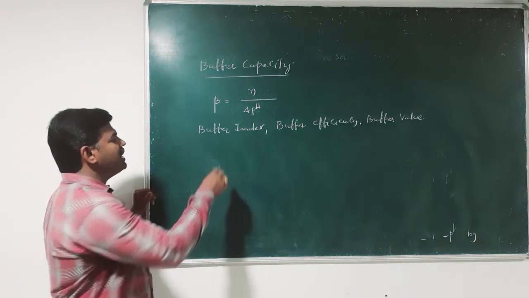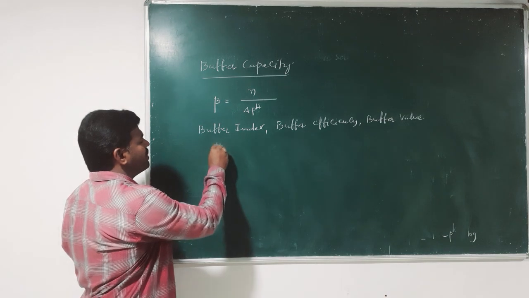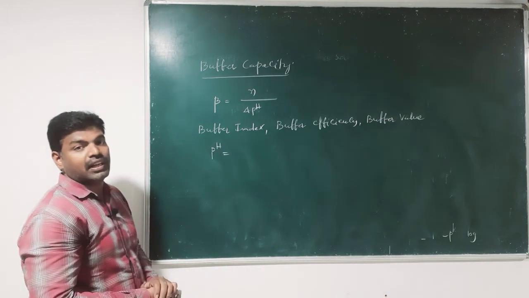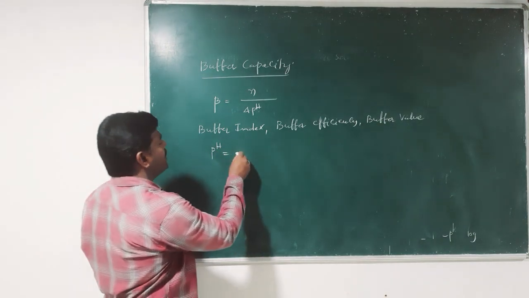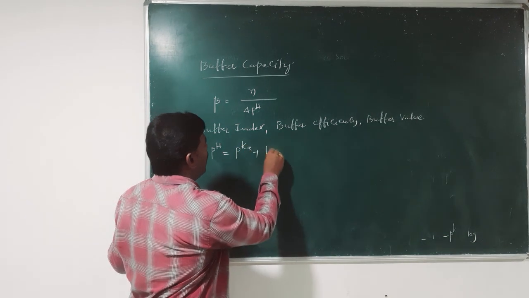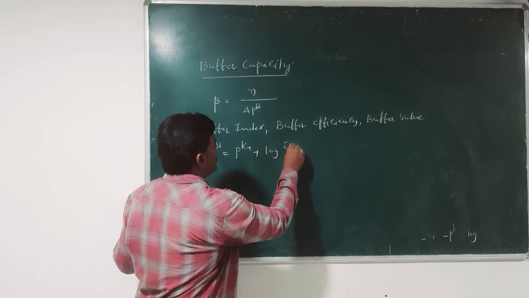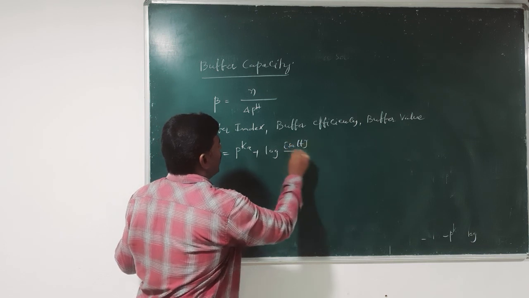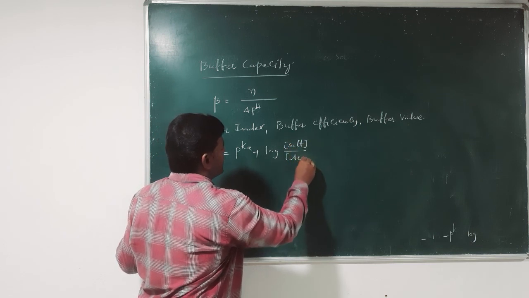So the pH of an acidic buffer is pH is equal to pKa plus log concentration of salt by concentration of acid.